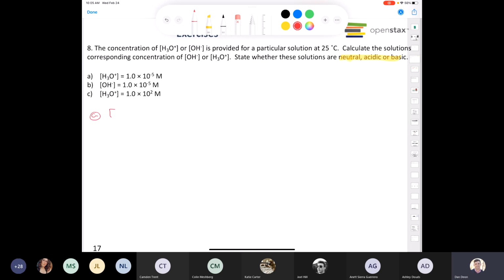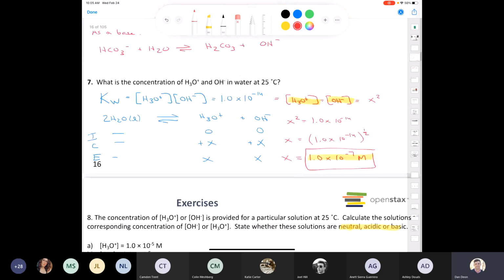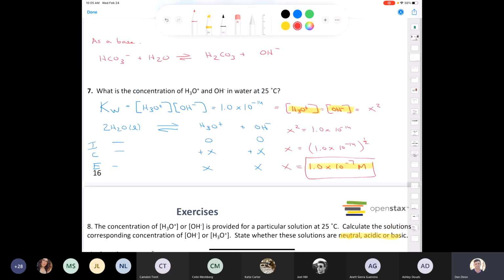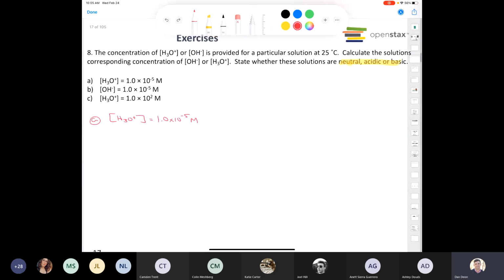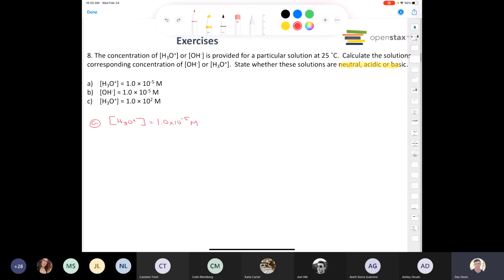So if we have a concentration of hydronium that is equal to 1.0 times 10 to the negative 5 molar. If we go back here, we said that the concentration of hydroxide and hydronium at 25 degrees Celsius in pure water is going to be 1.0 times 10 to the negative 7. So let's write that down.